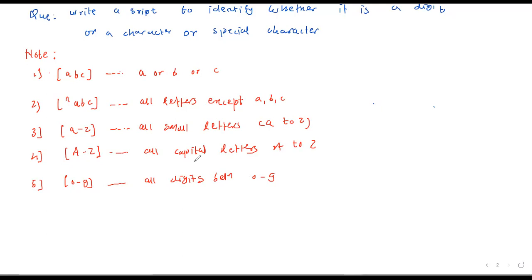If we require two or more conditions simultaneously, here we want to identify whether it is a digit, a character, or a special character.